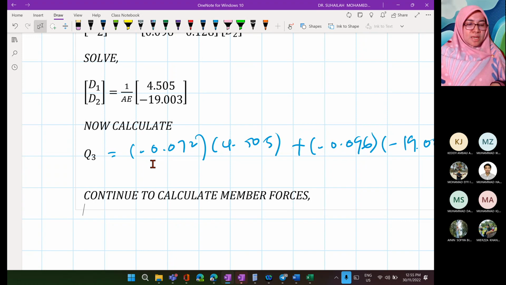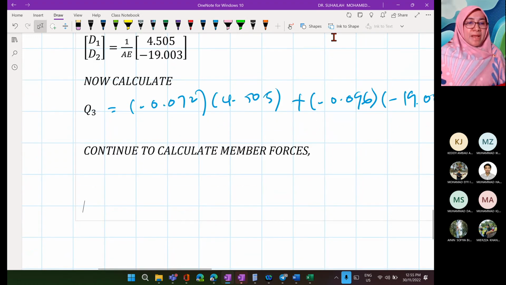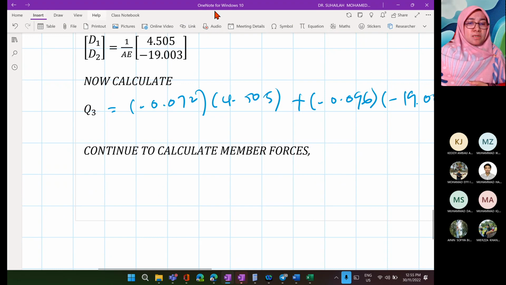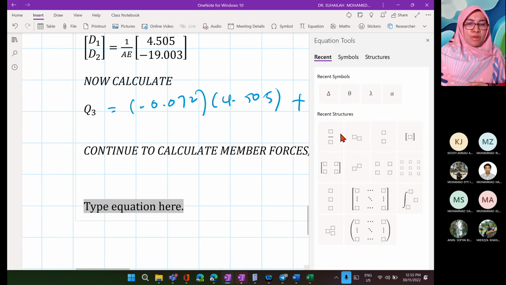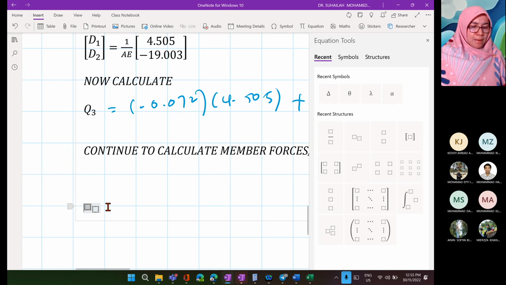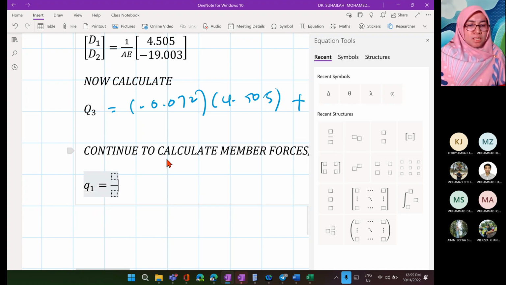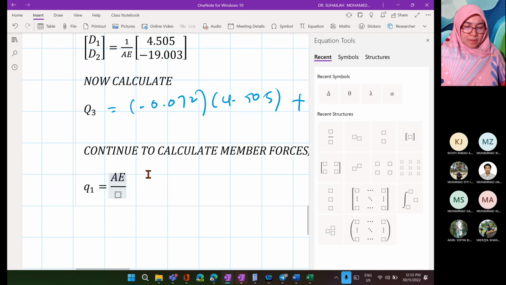And for member forces, we have to use formula and we have to remember the formula. Okay, when we want to calculate Q for element number 1, and since this is member force, we always use small letter to represent member. Capital letter we use to present structure. So the formula is AE over L, matrix 1 times 4.